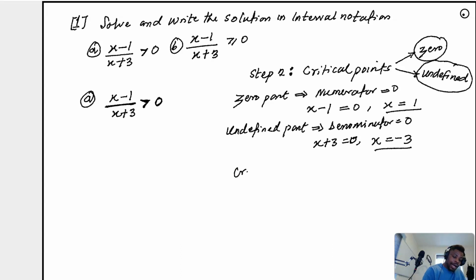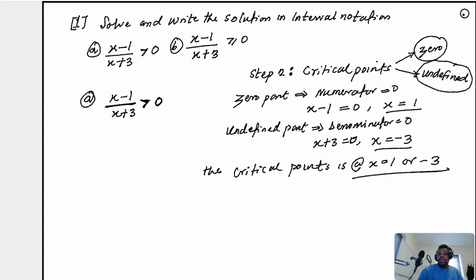So the critical points are at x is equal to 1 and x is equal to minus 3. So step 2 is to get critical points. Now let's go to step 3.